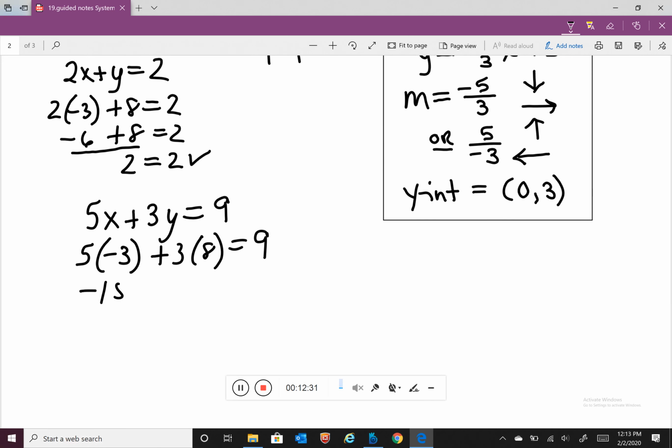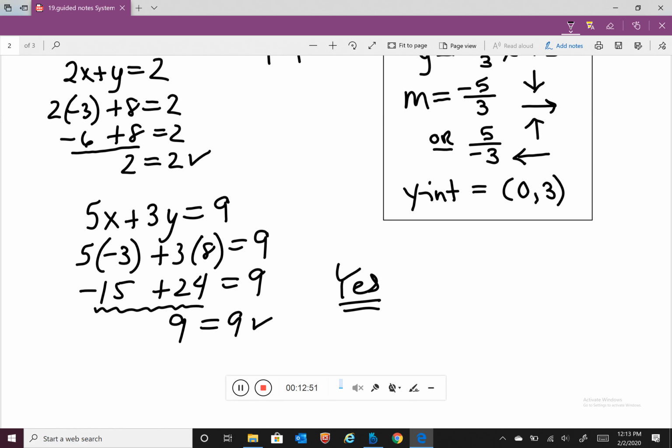So -15 plus 24, is that equal to 9? -15 plus 24, -15 and 24 combine to be 9, which proves that the solution is indeed -3, 8.